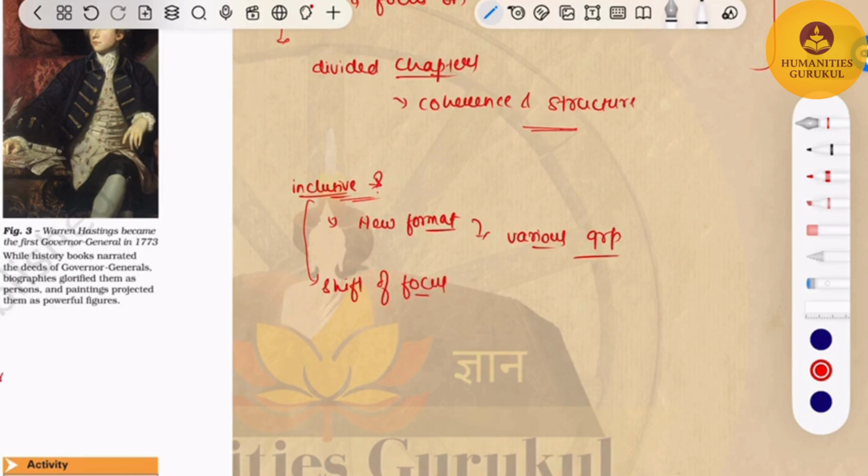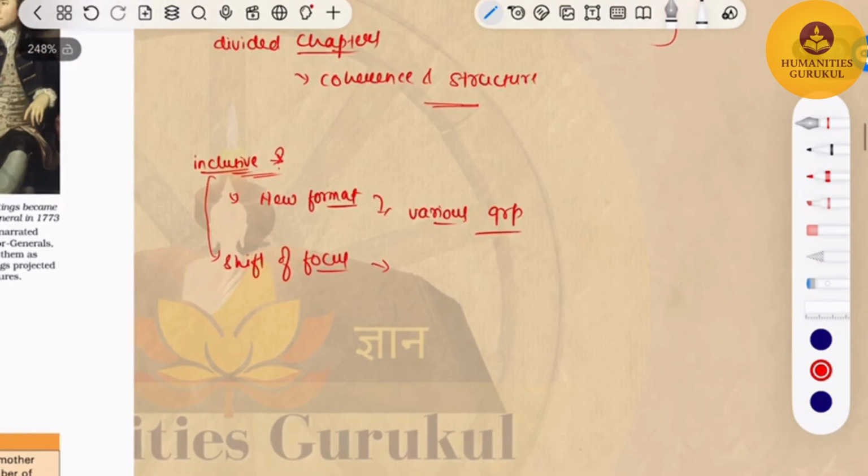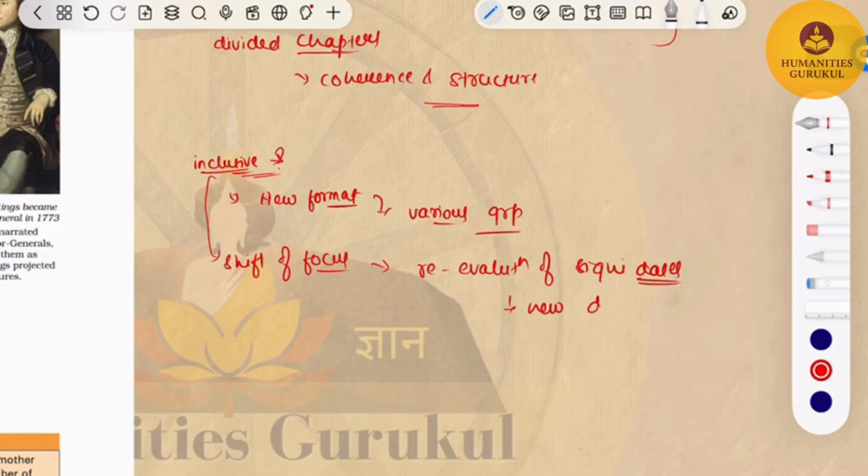So what will happen then? It would lead us to re-evaluation of significant dates. Now new dates became important. You can link it with your own life. Last year you were in 7th standard, right?